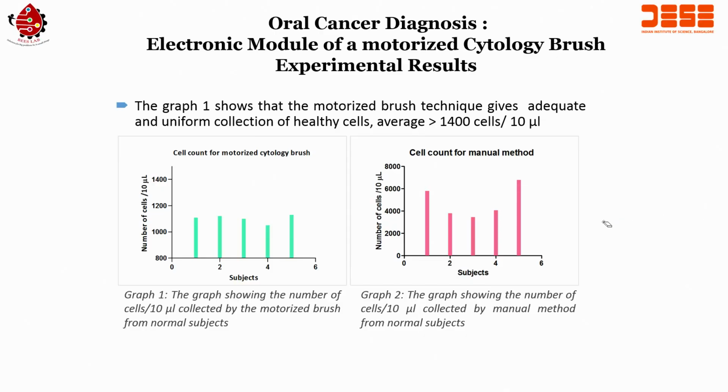And what we found is that from the 5 subjects the average was about 4500, while the brush was used in the presence of a physician by a non-skilled, or you could say semi-skilled, person. And what we found, if you see the slide, is that we obtained close to 1000 cells per 10 microliter when the motorized brush was used on the normal subjects.